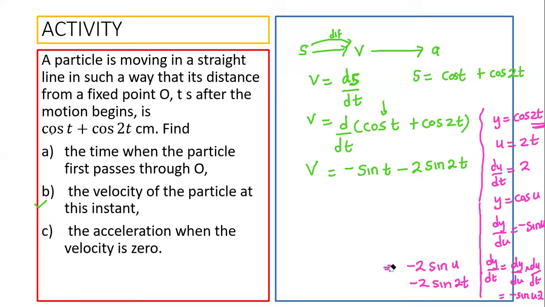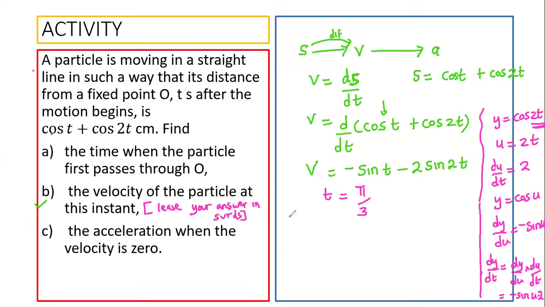Okay, now we are going to continue. The next part, since they told us that at that instant, our t was equal to pi over 3. Sometimes they may even ask you the velocity of the particle at that instant, and they can say, leave your answer in surds.